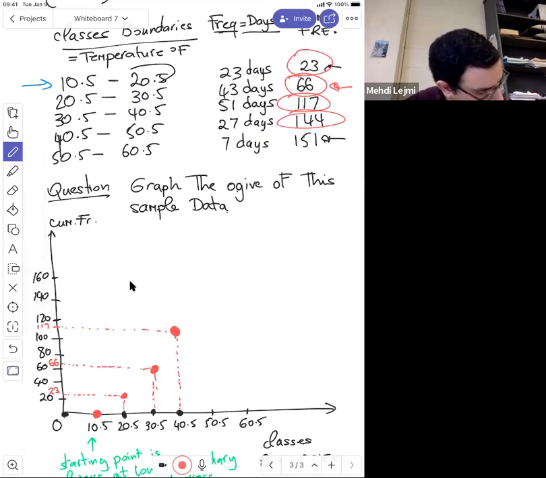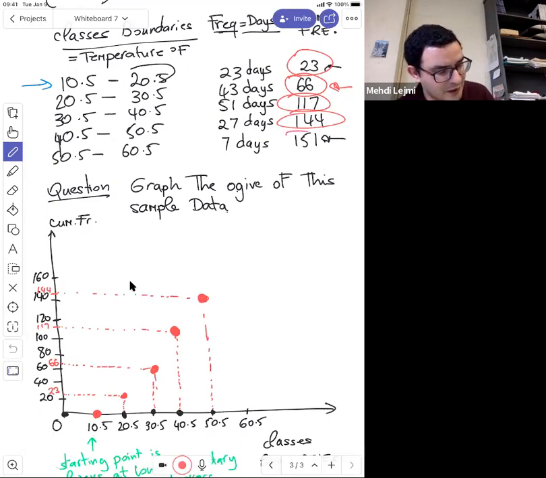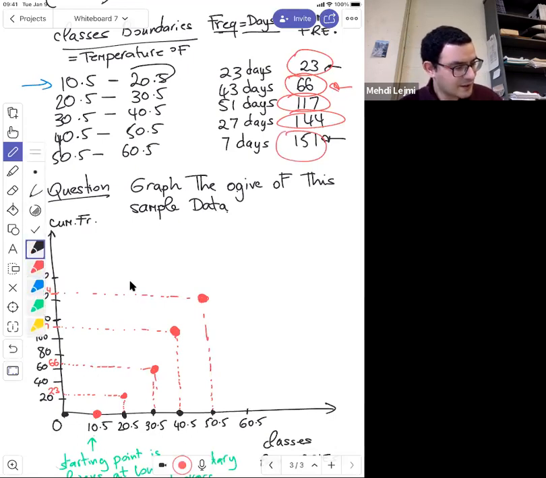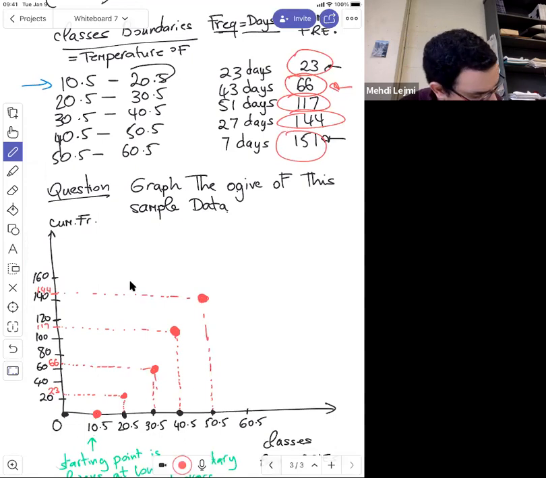I'm going to take my next class boundary, which is 50.5, and go up to 144. I'll plot my point, the cumulative frequency of the fourth class. Now the last class has a cumulative frequency of 151, at the last class boundary, 60.5.